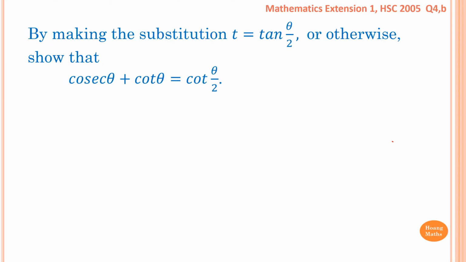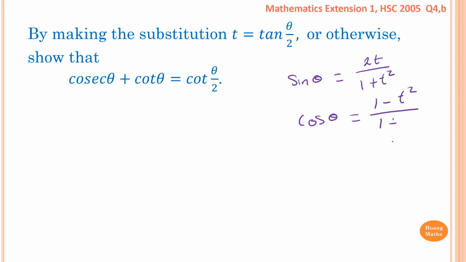So we know that sine of theta is equal to 2t over 1 plus t squared, and cos of theta is equal to 1 minus t squared over 1 plus t squared, whereas tan of theta is equal to 2t over 1 minus t squared.